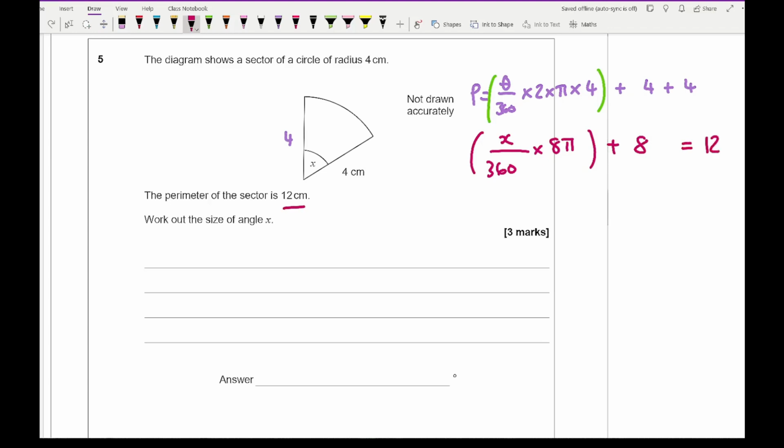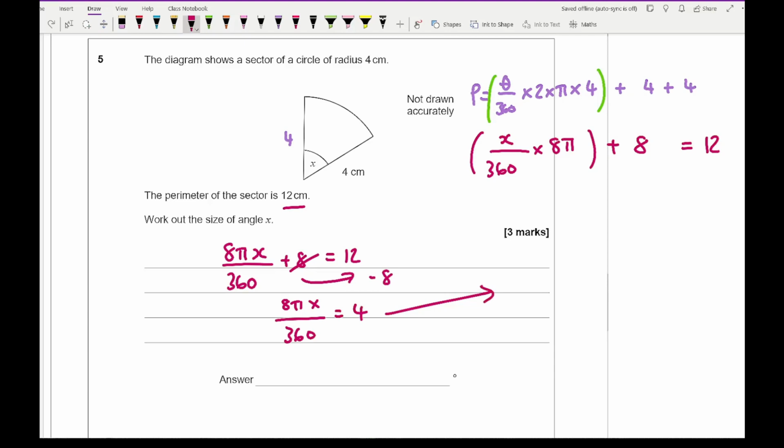So simplifying this further, what I end up with is 8 pi x over 360 plus 8 equals 12. Take the 8 over, so that becomes 8 pi x over 360 equals 4.